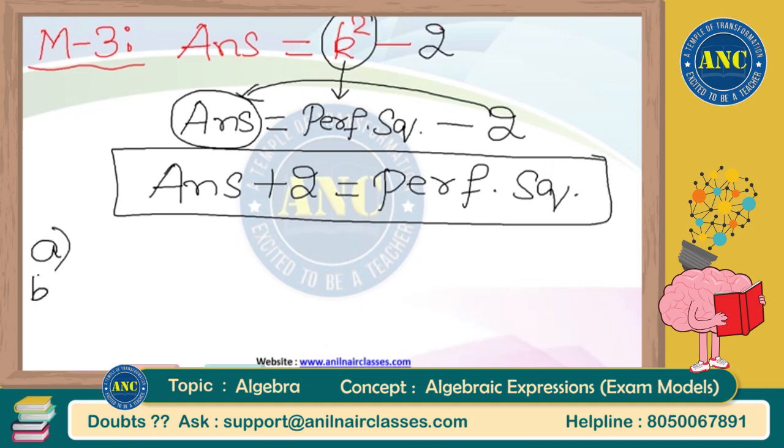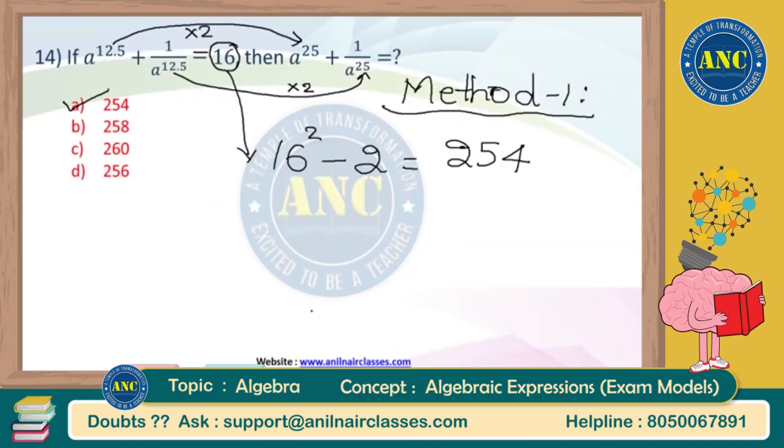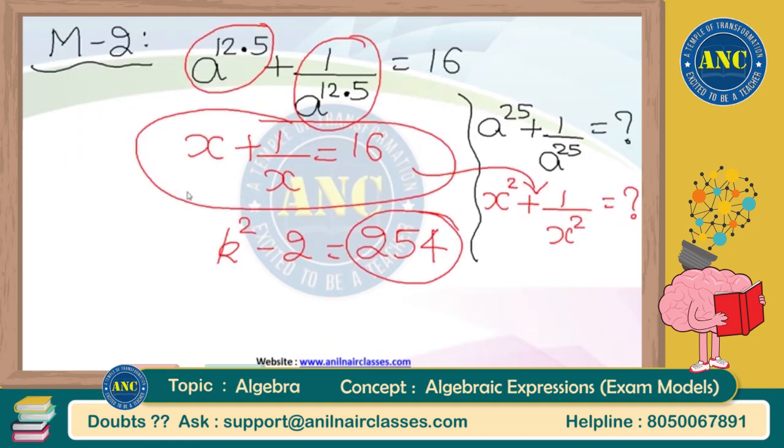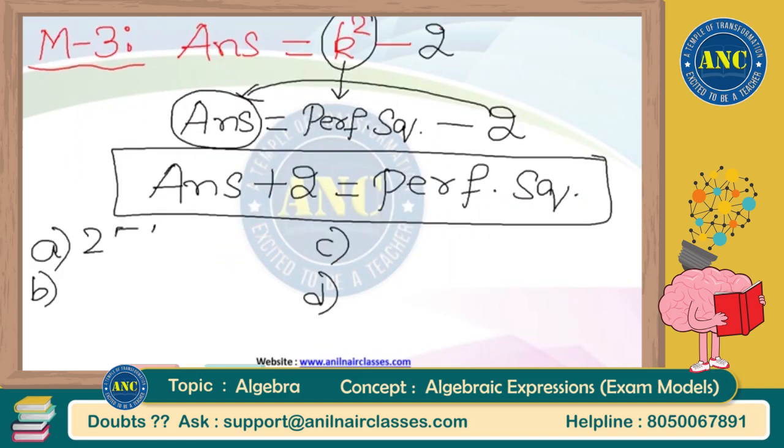Let me take this question itself. There are 4 answer options: 254, 258, 260, 256. These are the 4 answer options given. Now, how will I know which is the correct answer?